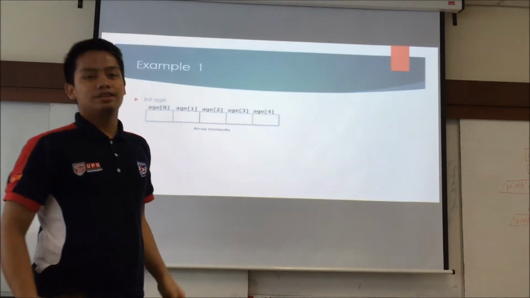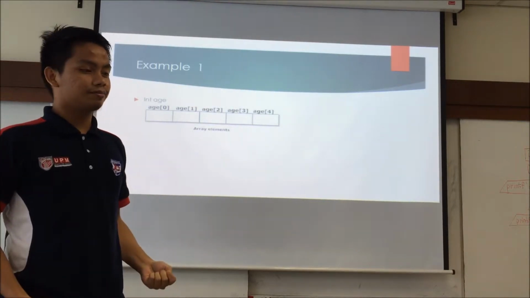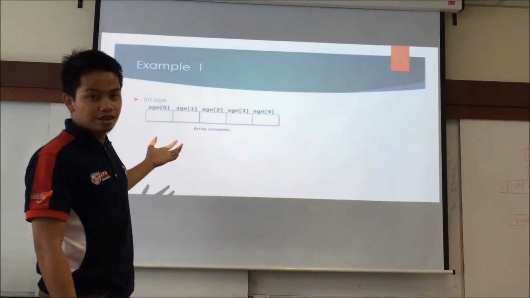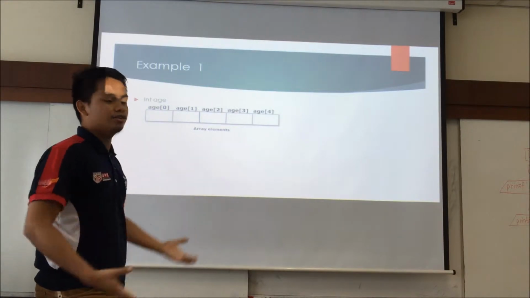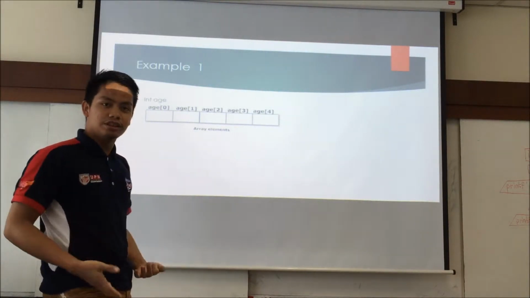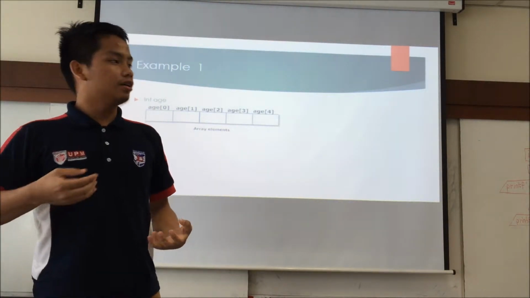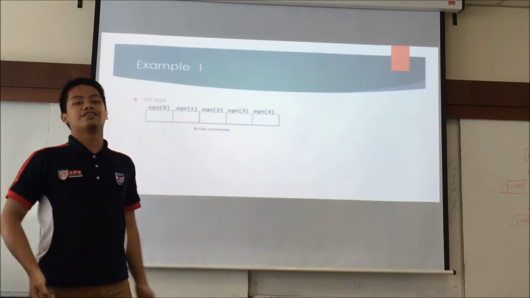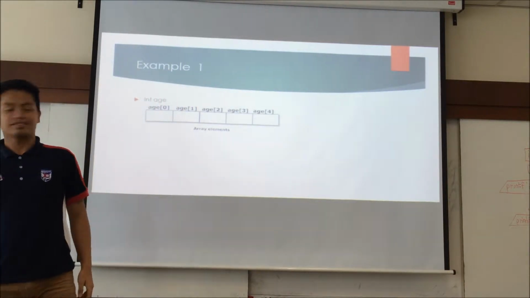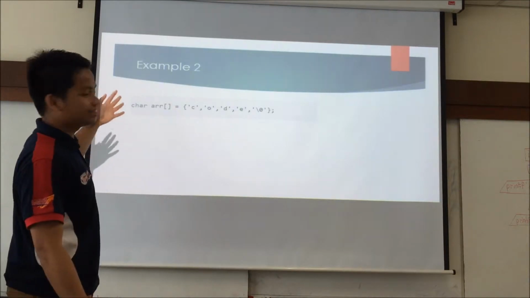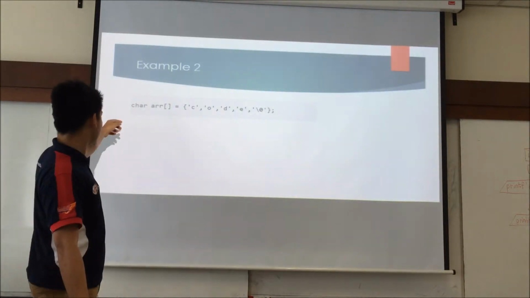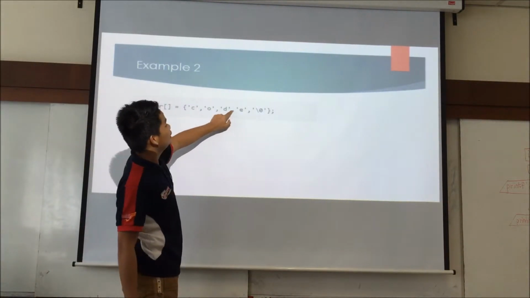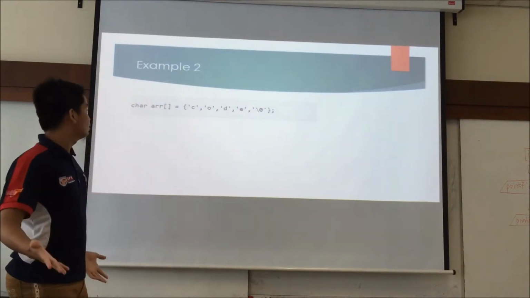How many numbers depends on you, but the array will just follow what you want to save. Not only numbers, characters may be saved also. Next, for example, that's character. We put CODE and others.